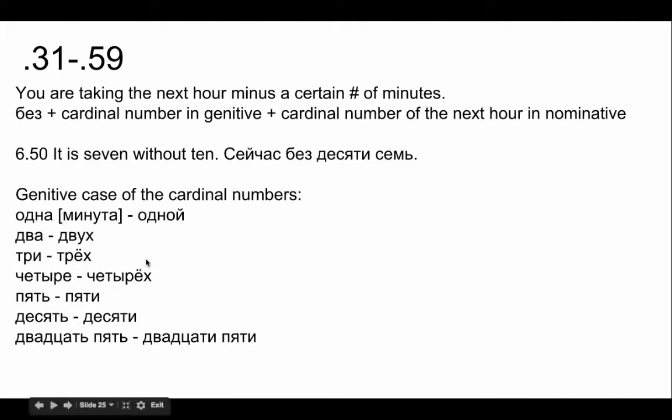But after these, then they're all E. Пяти, шести, семи, восьми, девяти, десяти. Notice that for 25, we have to put both of them into genitive. So, без 25.